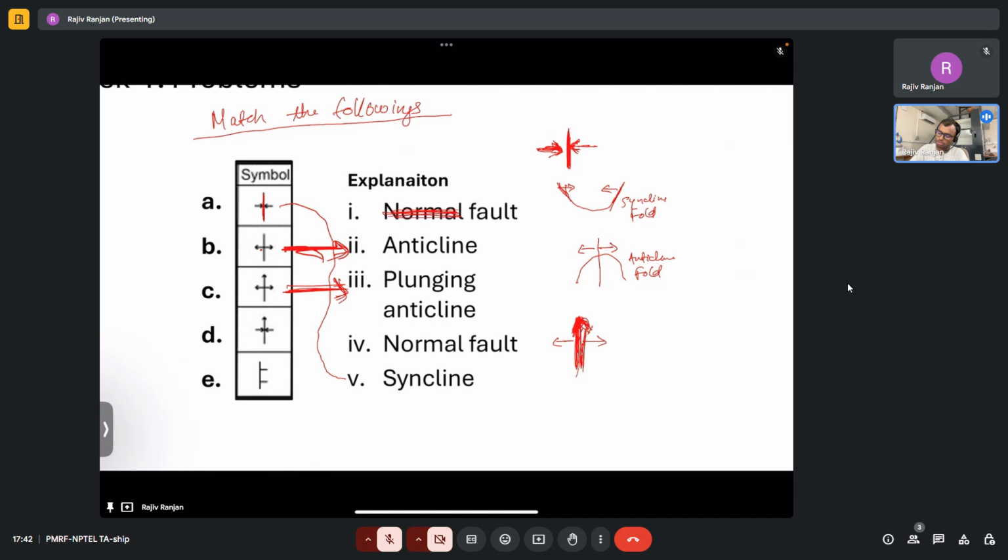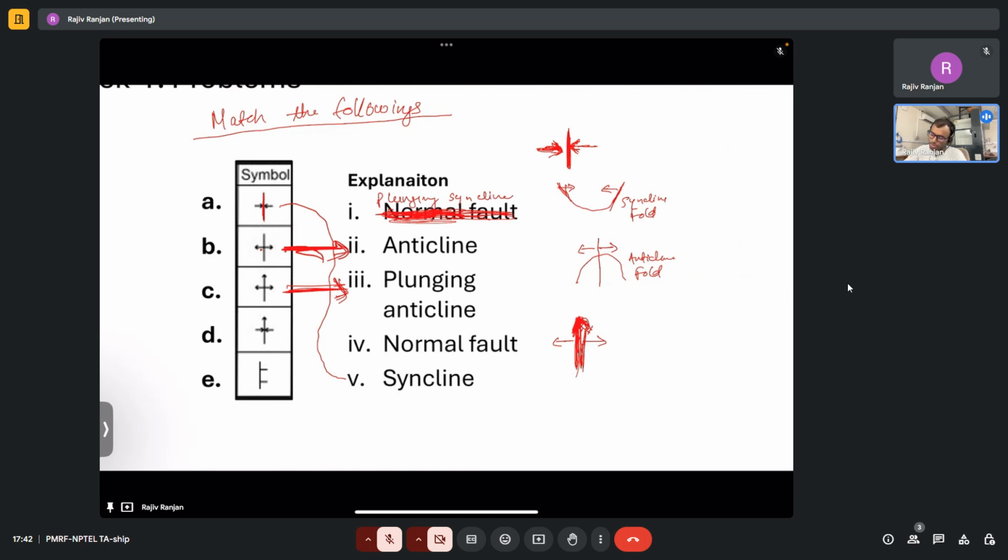This won't be a normal fault. This will be a plunging syncline, right?